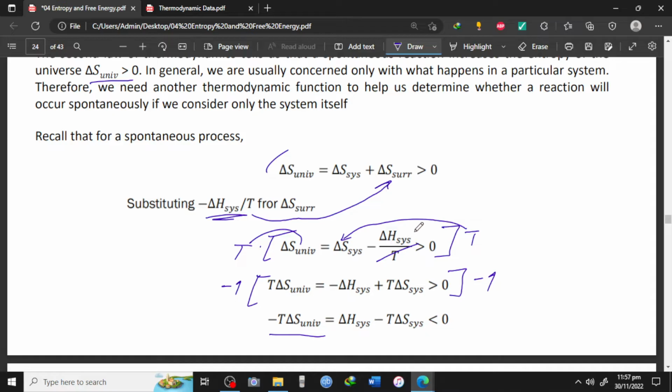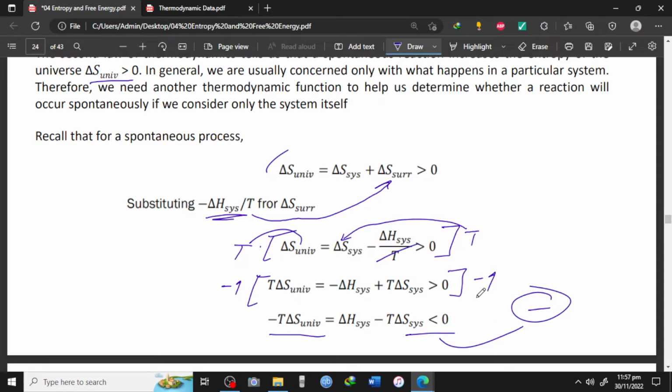But students, something that you need to note is that for this particular equation, dapat daw yung value natin should be less than 0. So, in order for us to tell if a particular reaction is spontaneous or non-spontaneous, dapat daw ang value natin makukuha should be a negative value.